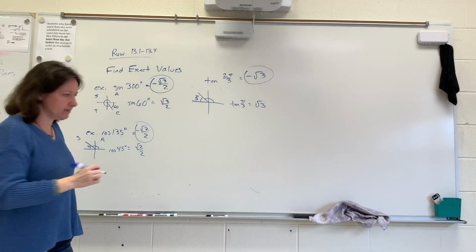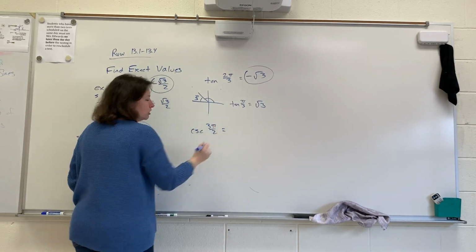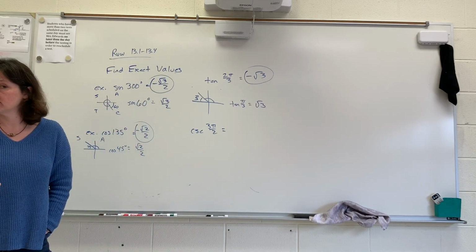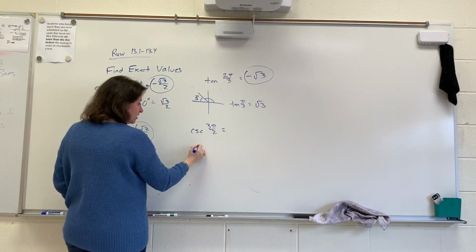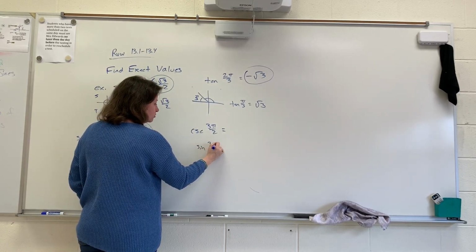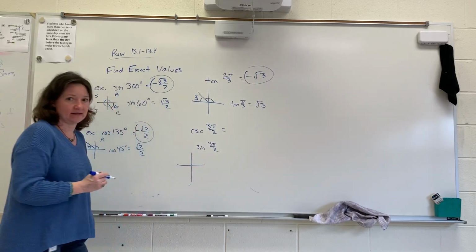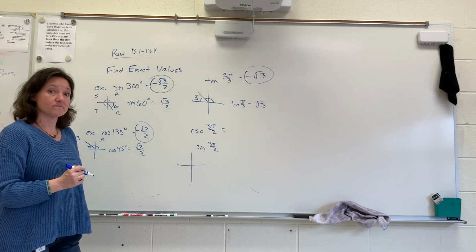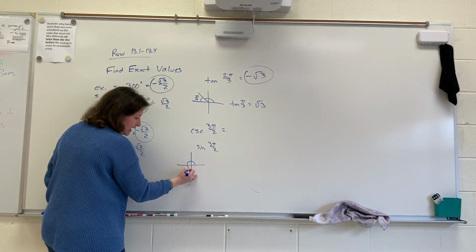Another one, cosecant of 3 pi over 2. Who has cosecant memorized? Not me, but what do you have memorized? Sine. So we're going to find sine of 3 pi over 2. So first, where is 3 pi over 2 located? That's right, it's on the axis. This will be 1.5.